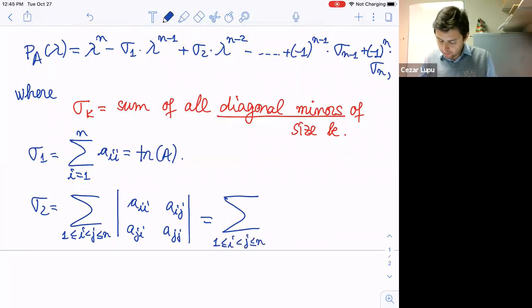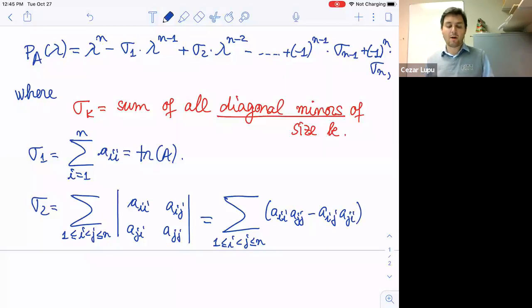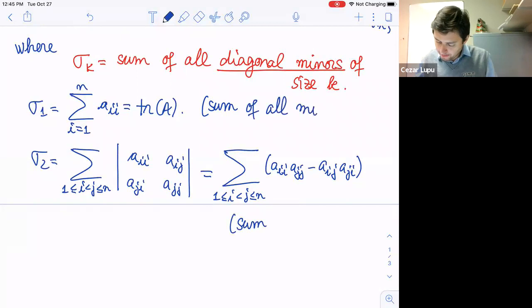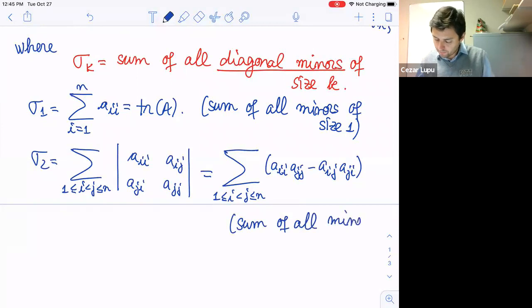If you want to do the algebra here, this would be a_ii a_jj minus a_ij a_ji. So this is the sum of all minors of size 2, and this is the sum of all minors of size 1. Keep that in mind.